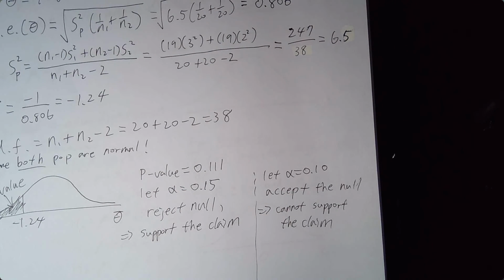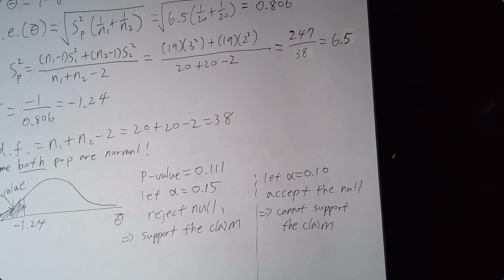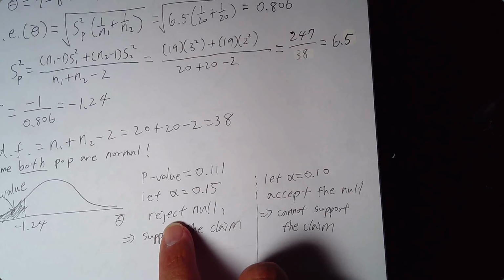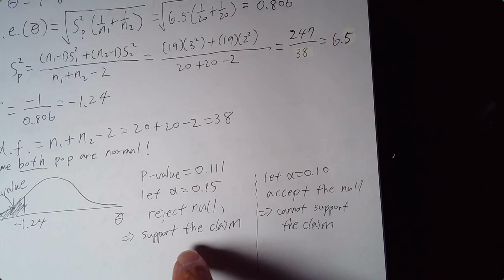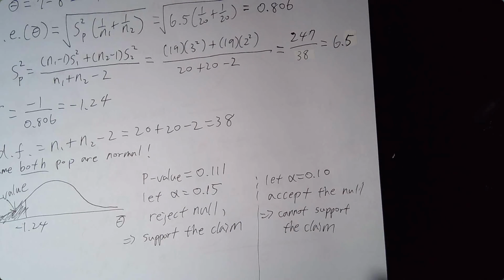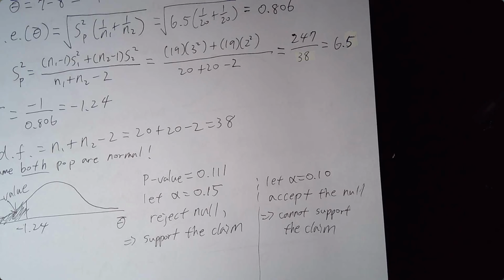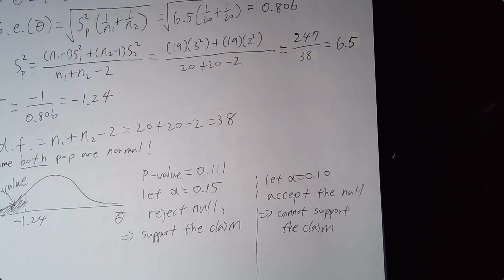And so when you get a p-value, depending on the alpha that you choose, you can reject the null and have the study support your claim, or you accept the null and you cannot support the claim. Now, which one you're allowed to do just depends on how carefully people are actually looking at your study.